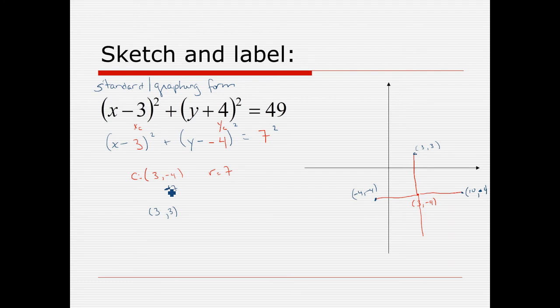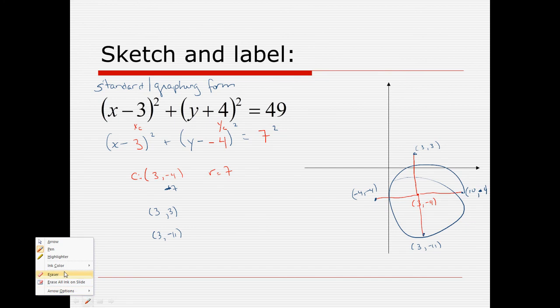Then you go down 7 units and you get 3, negative 11. I will not judge how you draw your circle. Oh my gosh, that's the worst. Right? Maybe you shouldn't do it like that, bad.